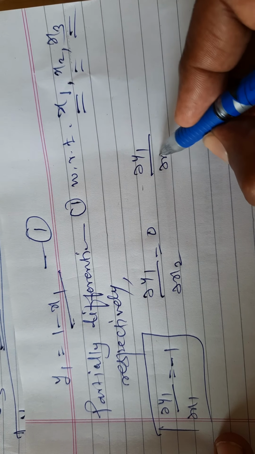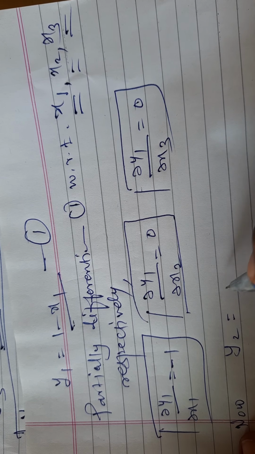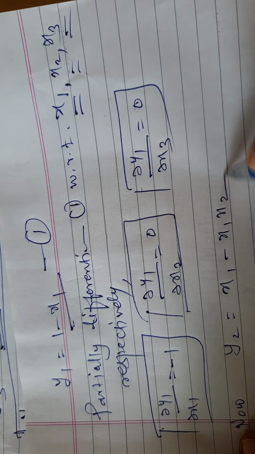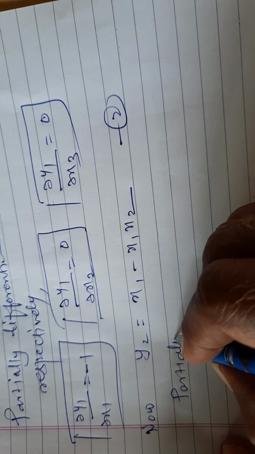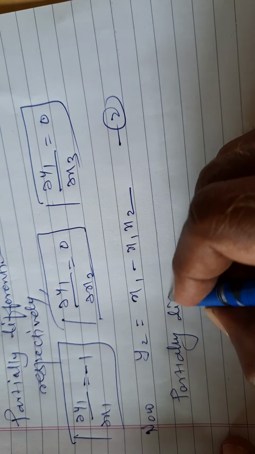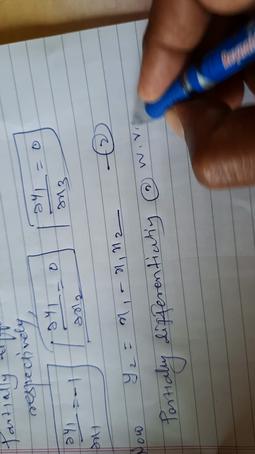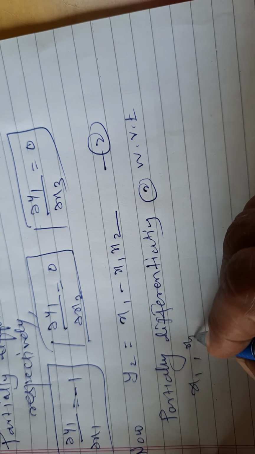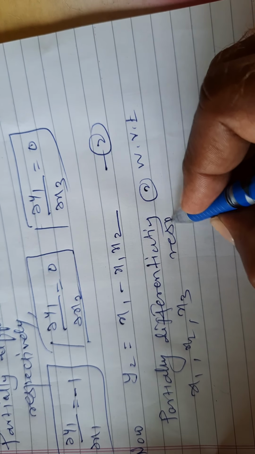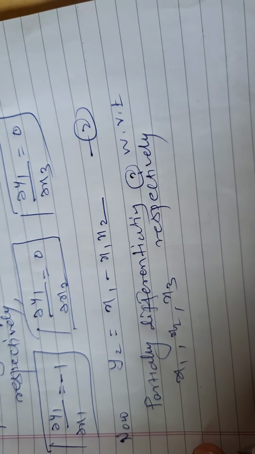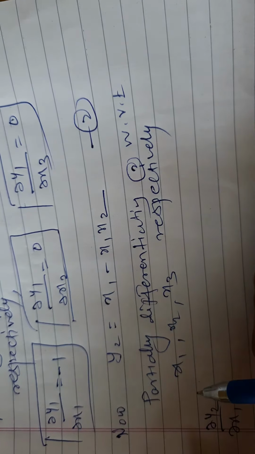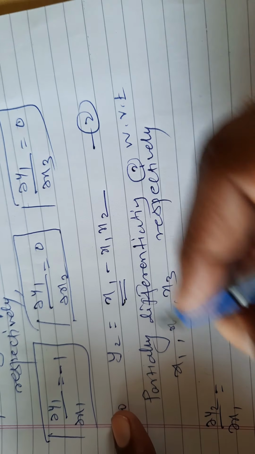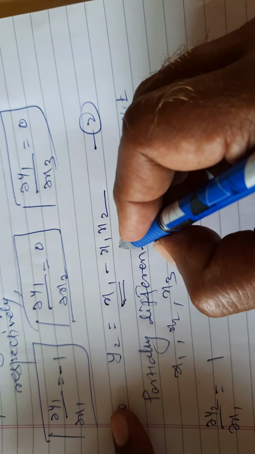Now y2 is x1 minus x1 x2. Call this b. Partially differentiating with respect to x1, x2, x3 respectively, we get the partial derivative of y2 with respect to x1. x1 with respect to x1 is 1.